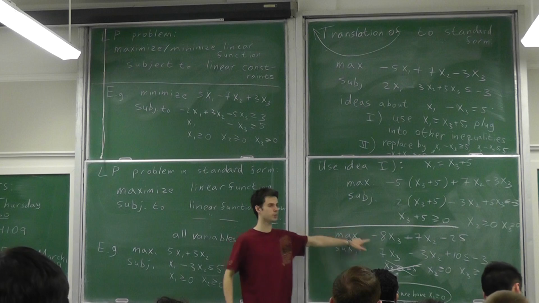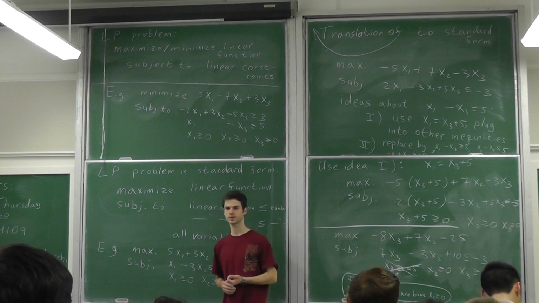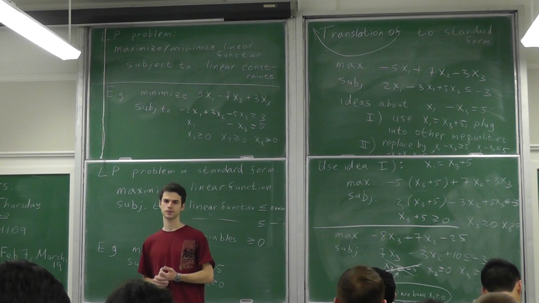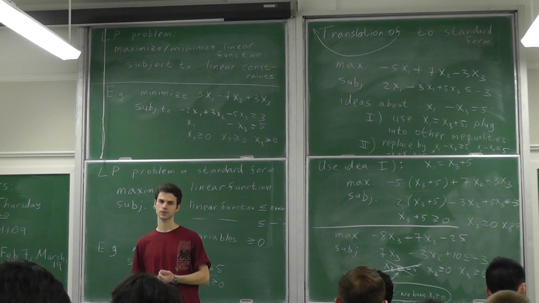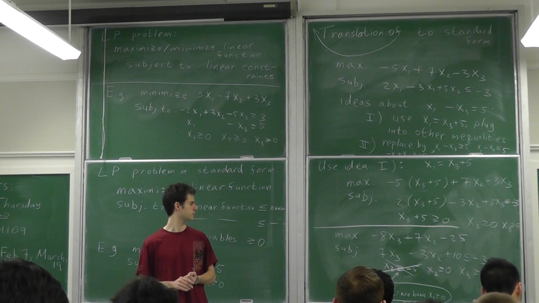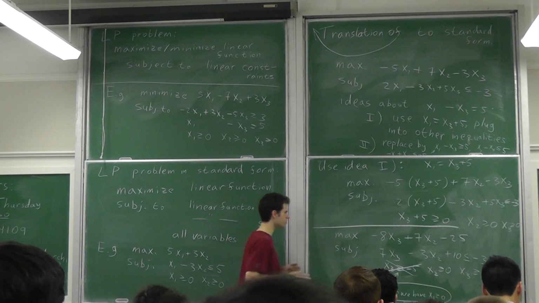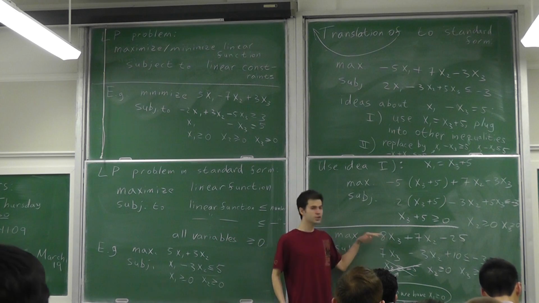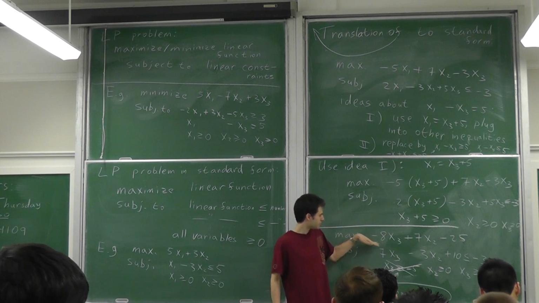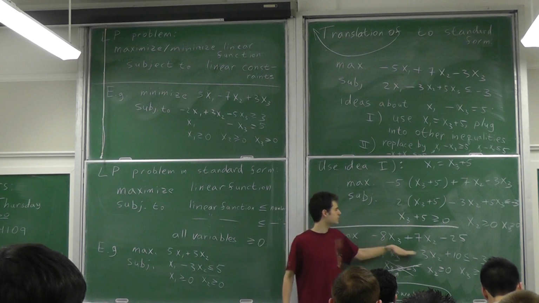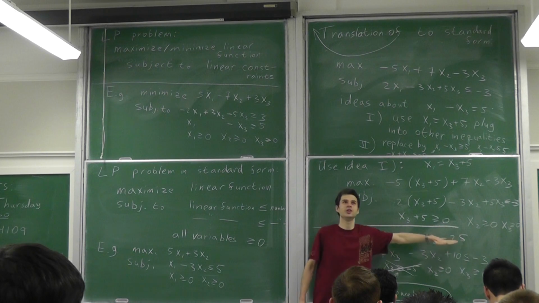Is this now a problem in standard form? Or should we move all the constants to one side? Yes, so there is a small problem. In linear programming problems, we want to maximize a linear function.